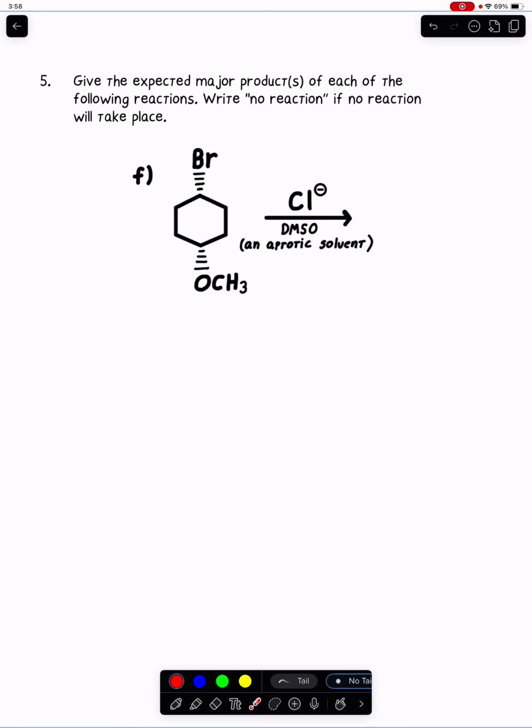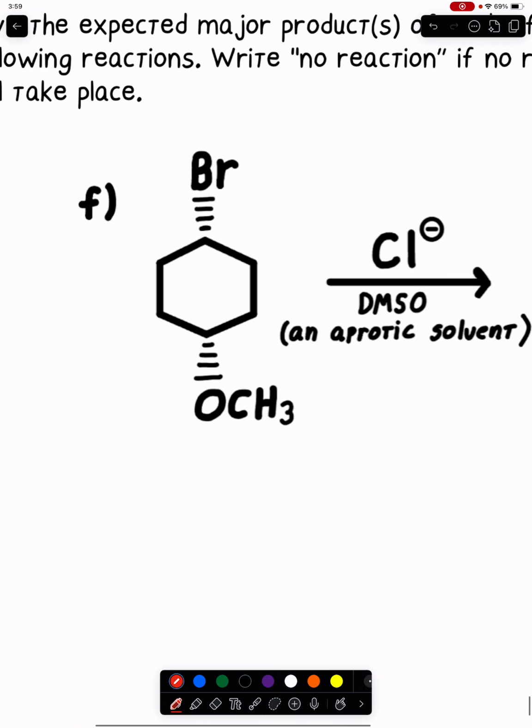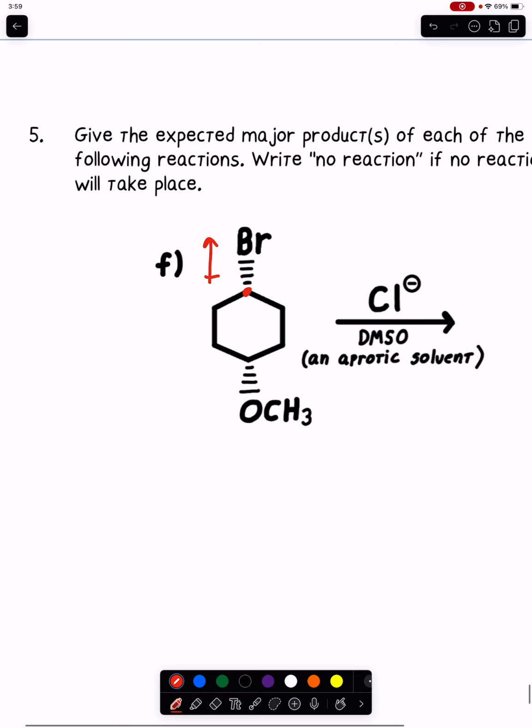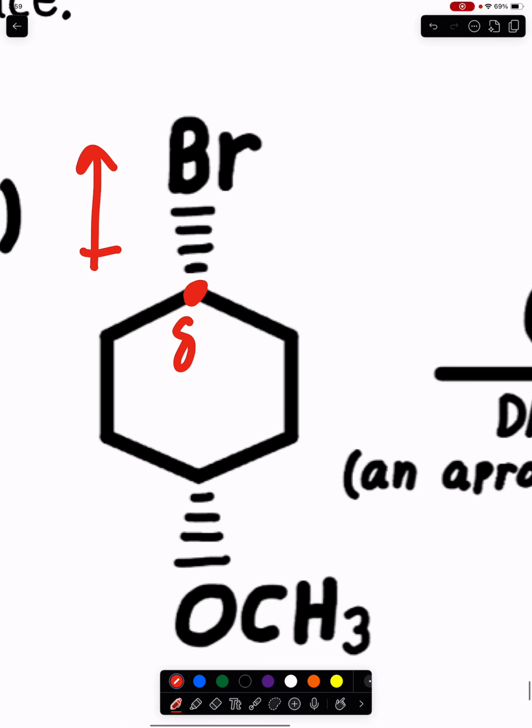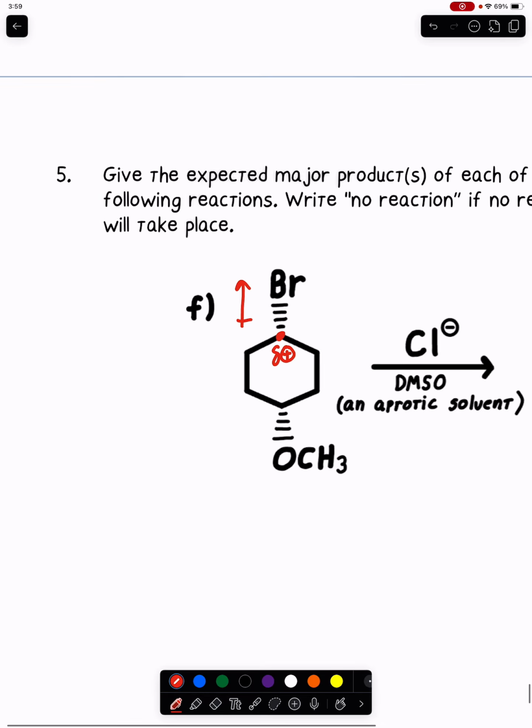All right, so let's evaluate this. So we have this secondary substrate with a good leaving group, still capable of undergoing an SN2 reaction. We already know that bromine is pulling electron density from this carbon, which I'm dotting in red. So that is most likely where the nucleophile is going to attack, because that is where our partial positive is building up.